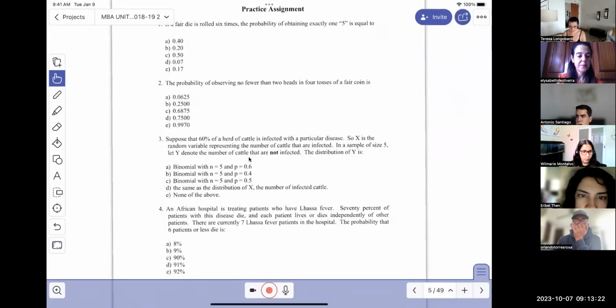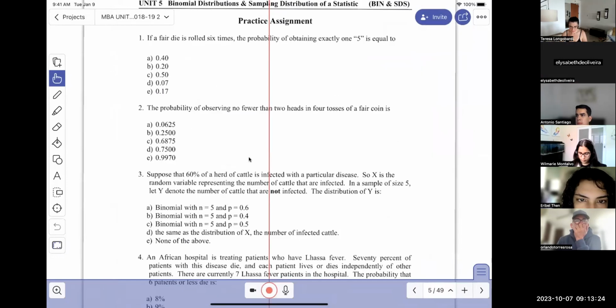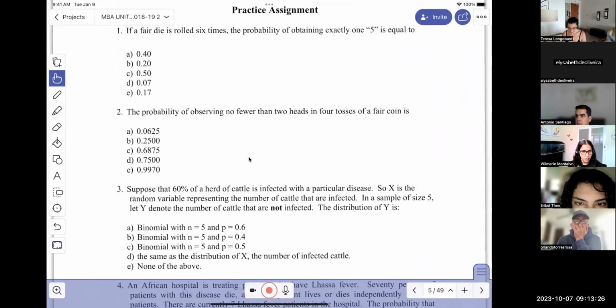Okay, so this is the set of assignments from module 8.